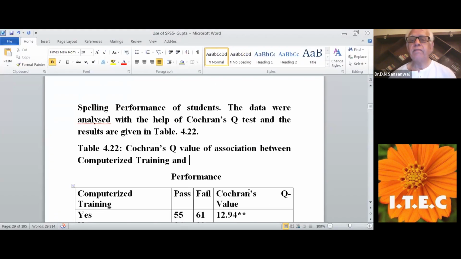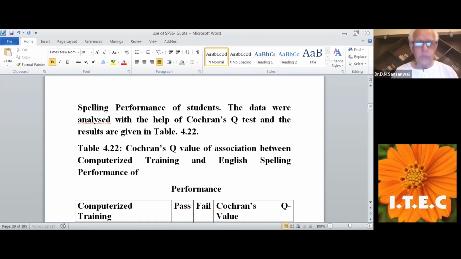Computerized, and you can say spelling performance, English spelling performance of students.